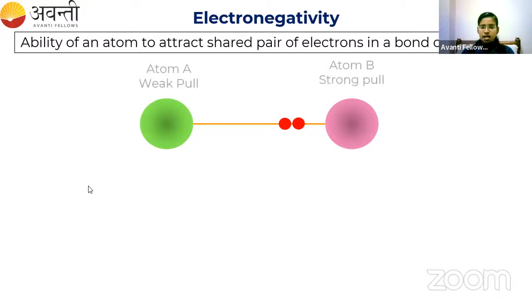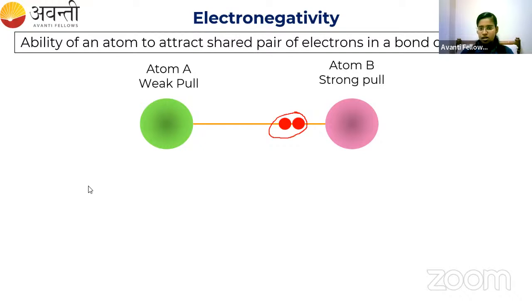Suppose green is atom A and pink is atom B. There are two electrons in between those two atoms forming the bond. The ability of one particular atom to attract the shared pair of electrons towards itself is called electronegativity.